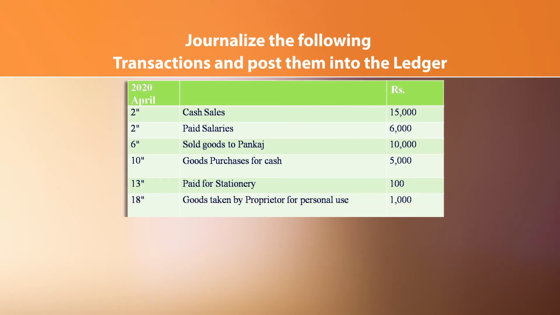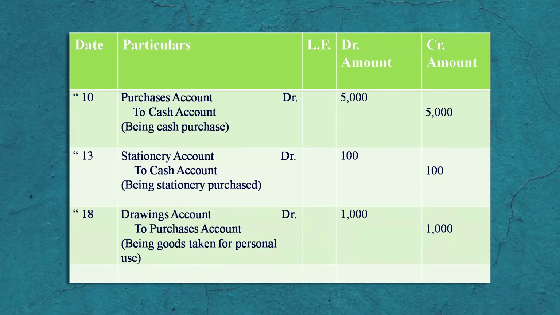Then next one is goods taken by proprietor for personal use. So here goods have been taken by the proprietor for his personal use. When the goods have been withdrawn by the proprietor, again in this transaction two accounts are affected.